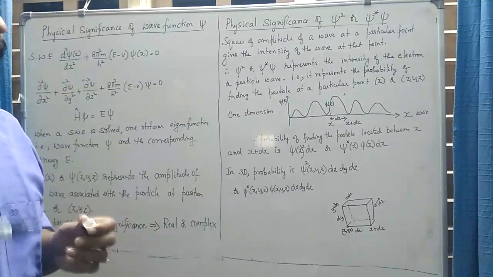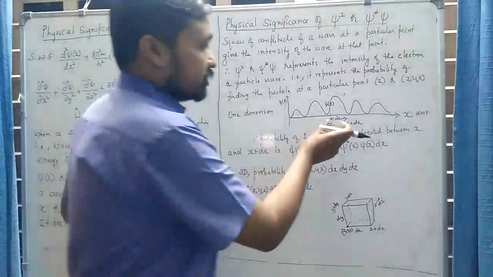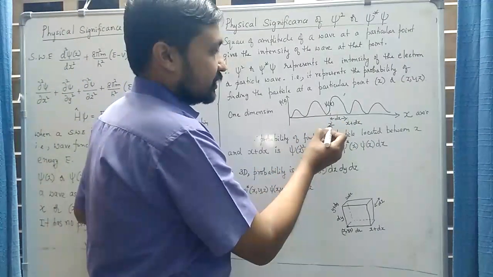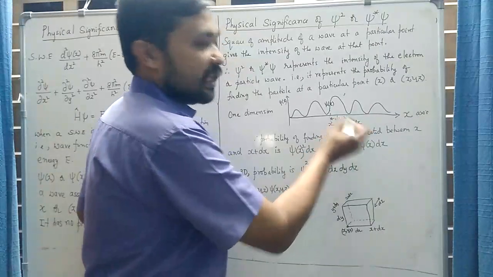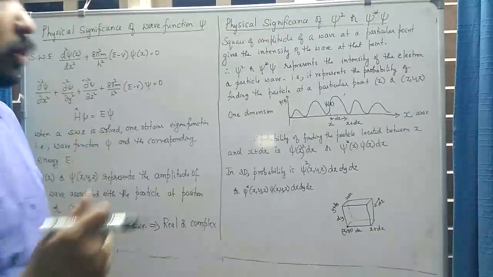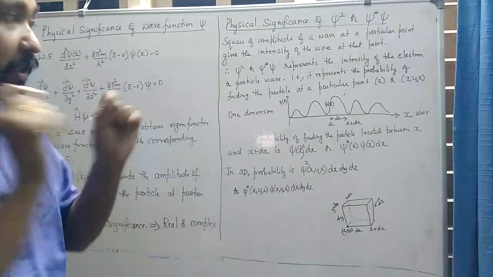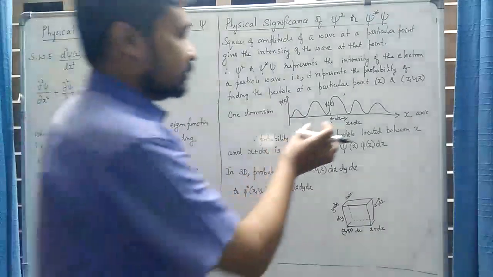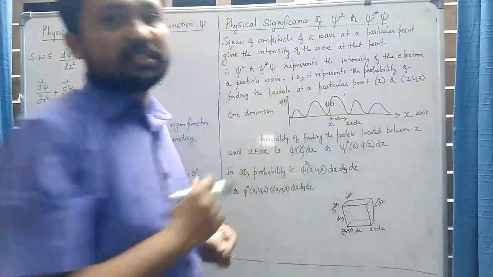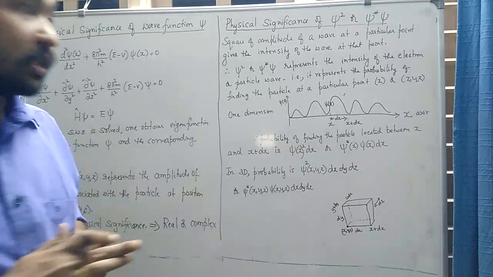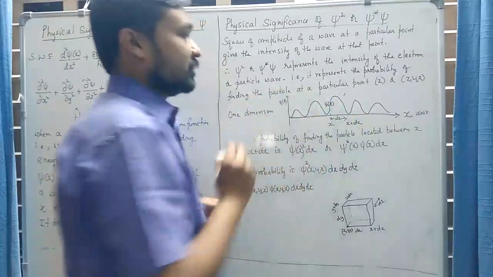Now I will select a small interval along the x-axis. This is x, and this is position x plus dx, where dx is a very small number. So the question is, what is the probability that the particle or the electron is between x and x plus dx? I repeat, what is the probability of finding the particle between x and x plus dx?